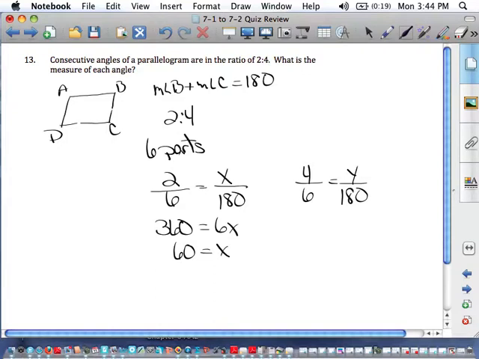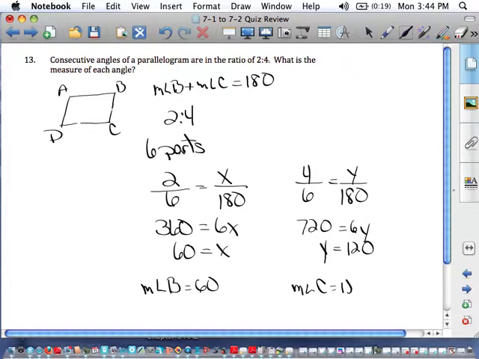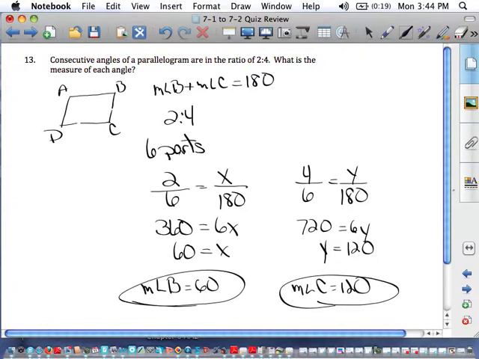So the measure of angle B in this case would be 60. Here when I cross multiply, I'm going to get 720 equals 6y. So y is equal to 120, so the measure of angle C would be 120. Doesn't matter what you name them, as long as you see that one of the angles would be 60 and one of the angles would be 120.